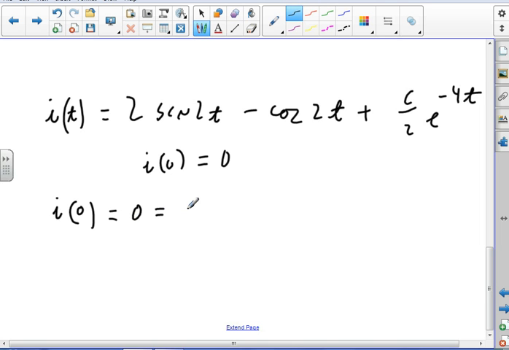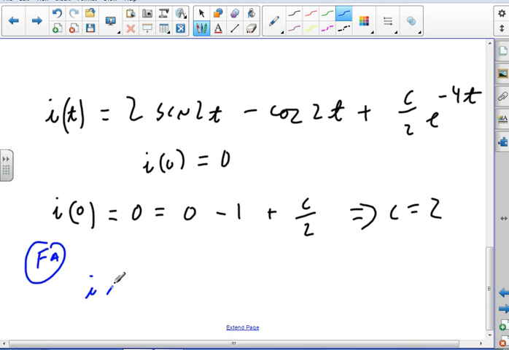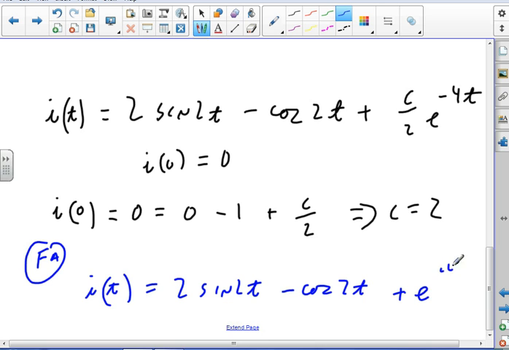This guy's 0, minus 1, plus c over 2. This guy's 1, has to be 0, implying c is equal to 2. And now it's time for my final answer. I of t is equal to 2 sine 2t minus cosine 2t plus e to the minus 4t.